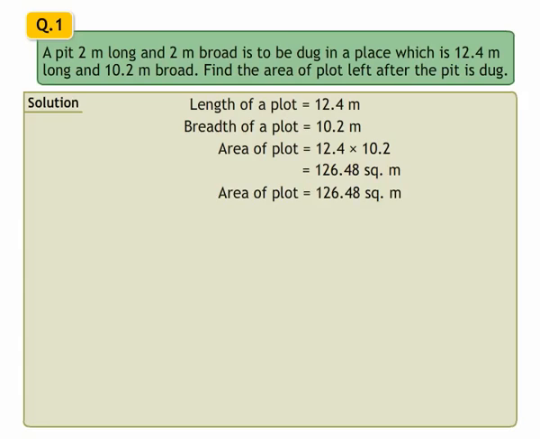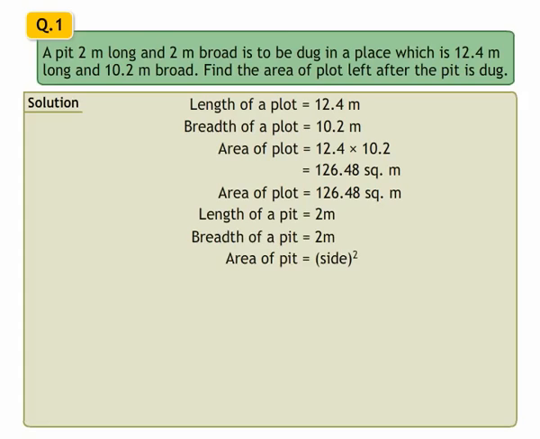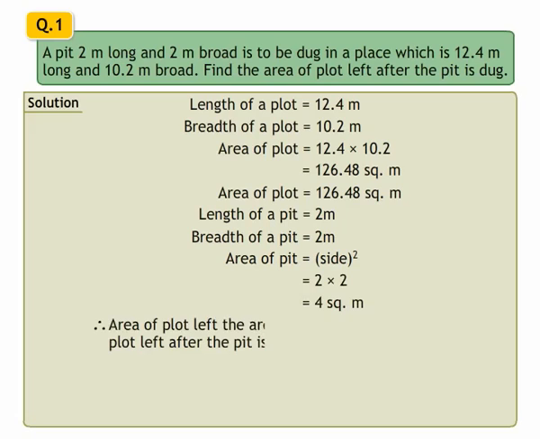Length of a pit is 2 meter and breadth of a pit is 2 meter. Area of a pit is side square, which is equal to 2 into 2, that is 4 square meters. Therefore, the area of plot left after the pit is dug is equal to area of a plot minus area of pit.